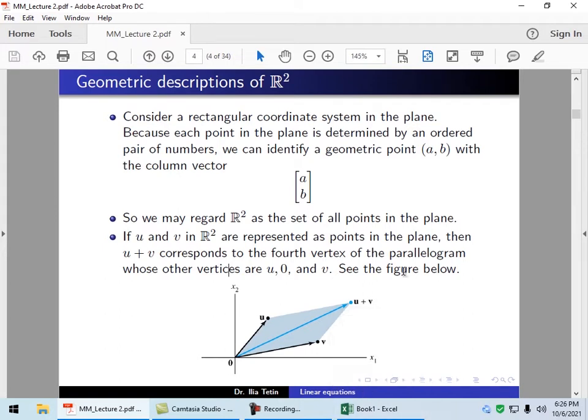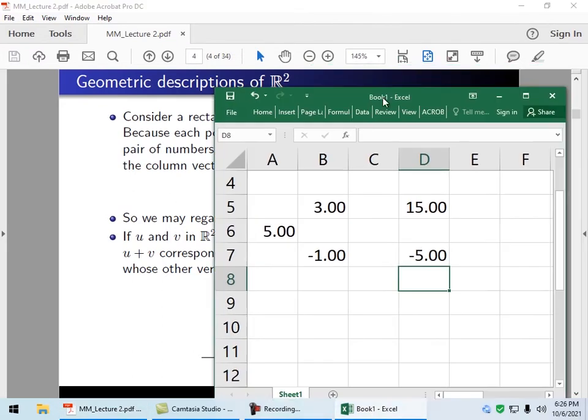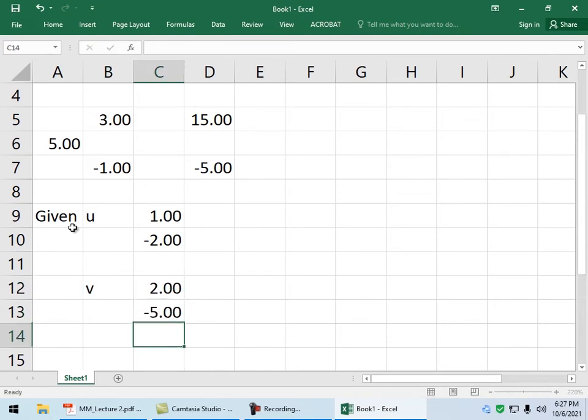All right, let's then recall the previous slide for newcomers. Let's say we are given two vectors, vector u, which has two numbers 1 and -2, and vector v, which has two numbers 2 and -5.